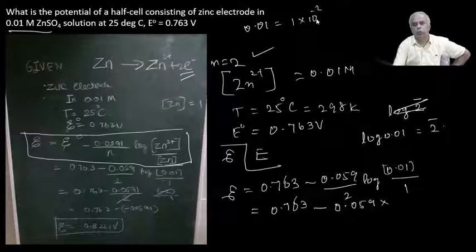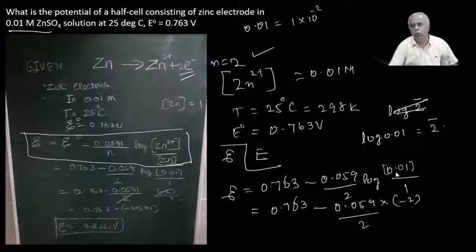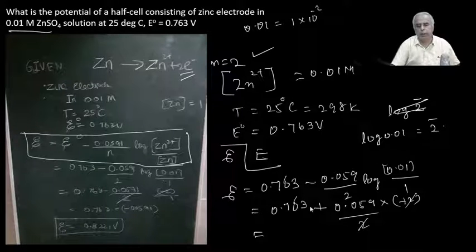According to the logarithm rule, you can bring this as minus 2, so minus 2 divided by 2. I removed the log because I have taken the value. Log 0.01 is nothing but minus 2. So the 2s cancel, and minus of minus is plus. Now you can add 0.763 plus 0.059, which gives 0.822.